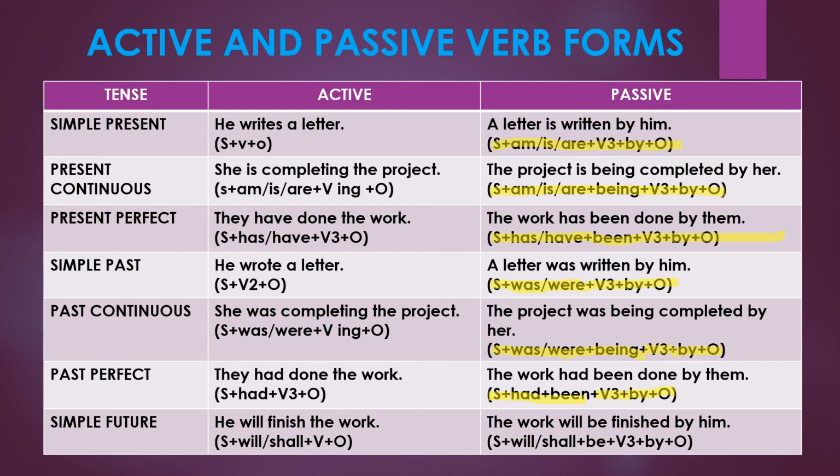In simple future: subject, will, shall, be, third form of verb, by, and object. So you need to keep this in your mind while changing active into passive voice. First of all, you should have the ability to identify the tense of the active voice. Then you can easily change it into passive voice with the help of the structure.